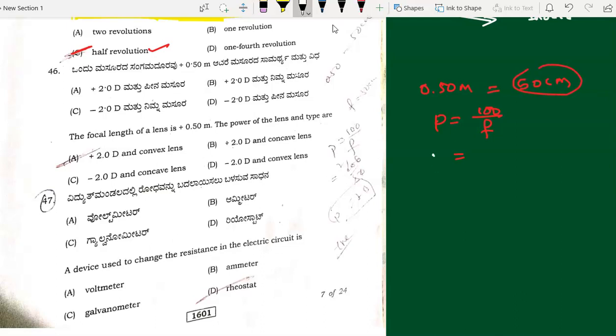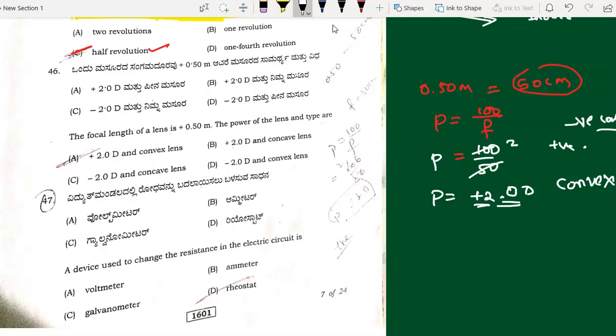So power will be equal to 100 upon 50, that is plus 2. Because it is plus 2.0 diopter, it is convex. If you get negative it will become concave, if you get positive it will be convex. So here convex. So this is the right answer.